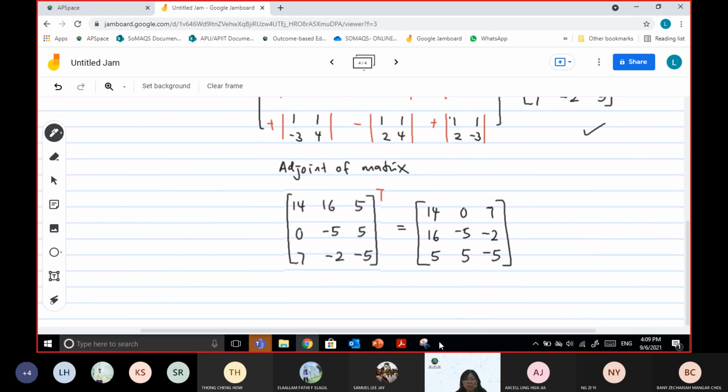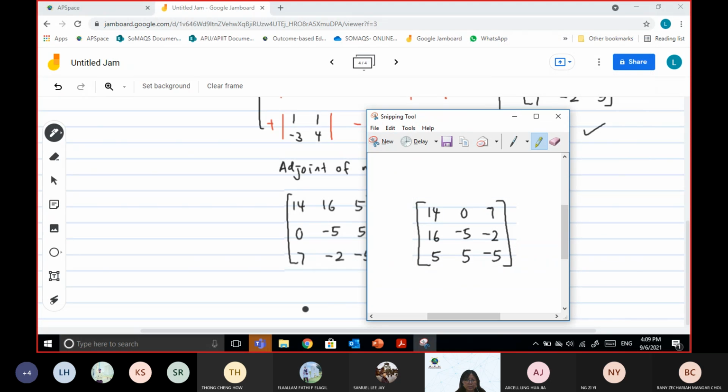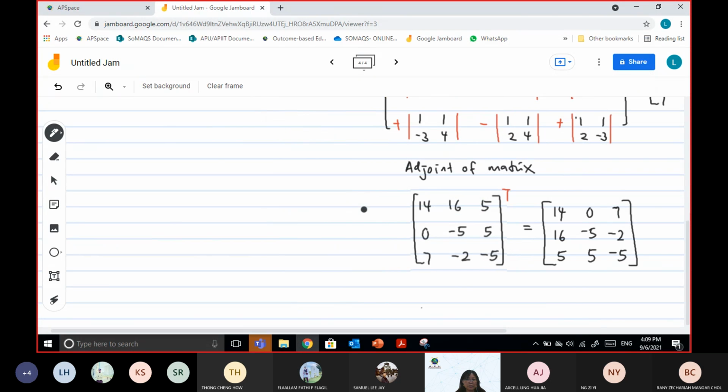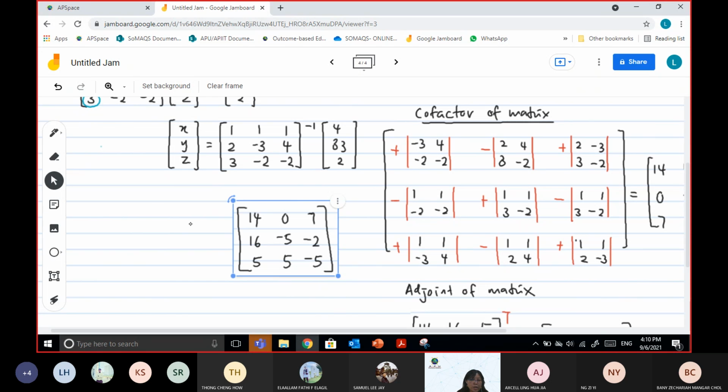So for the adjoint of the matrix, for the next working, you need to take 1 over the determinant.